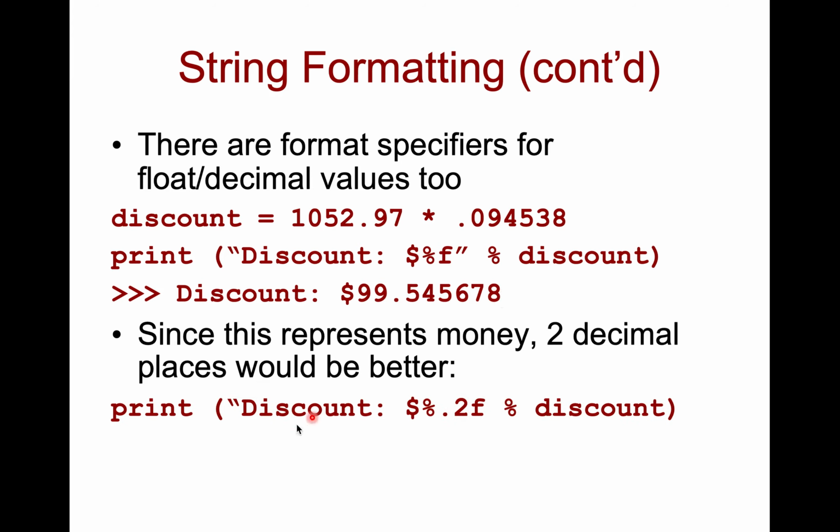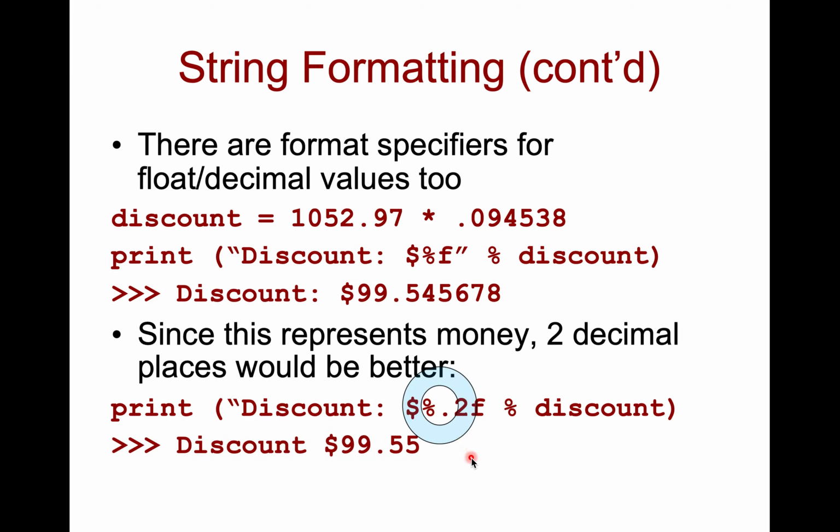But since this is meant to represent money, 2 decimal places would be better, and we can do it like this. We just change our output string so it's discount colon space dollar sign as usual. There's our %, but instead of %F, we have %.2F or .2F. The format specifier will still be replaced by discount, but now discount will be formatted so that it has exactly 2 decimal places.